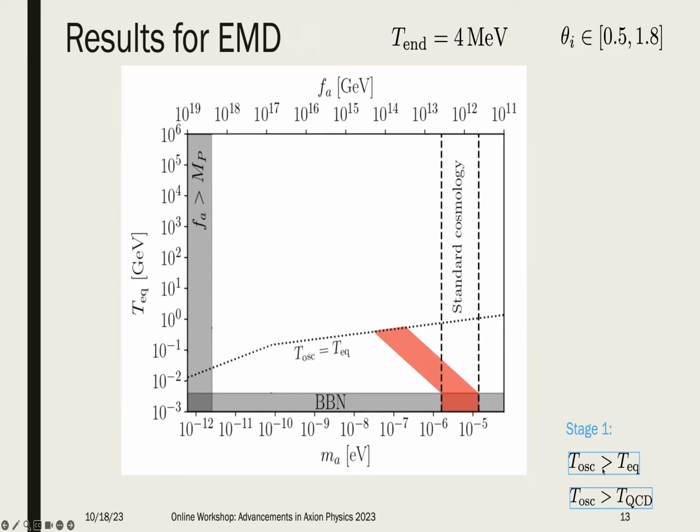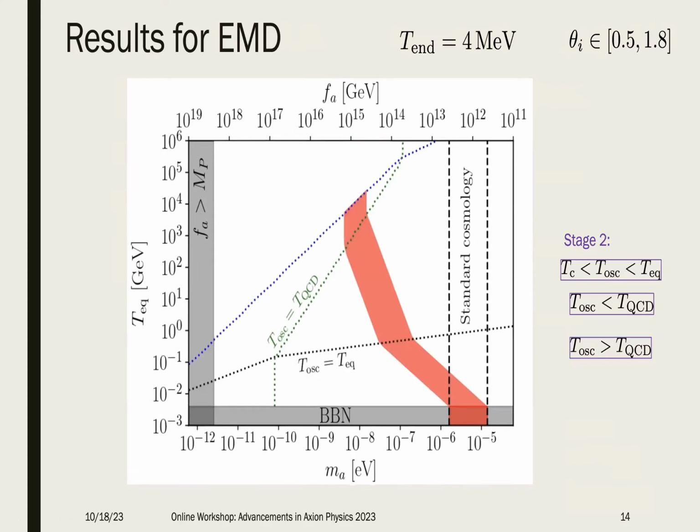So if the oscillation happens in what I call stage 1, which is the oscillation temperature higher than this equilibrium temperature, you can accommodate the total dark matter abundance in this whole range of masses and Tx. We saw that only oscillation temperatures that are higher than the QCD temperature are possible to reproduce the correct abundance.